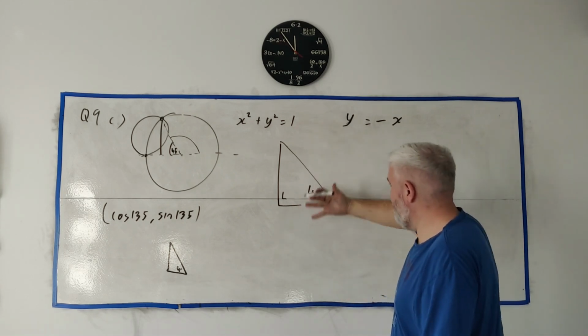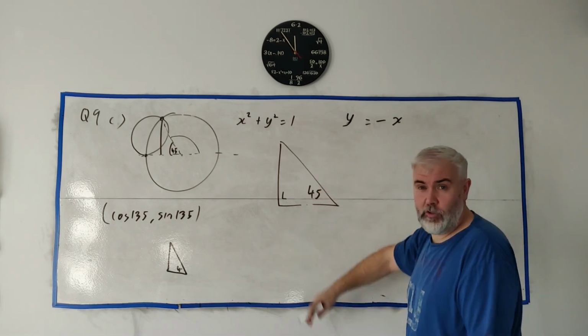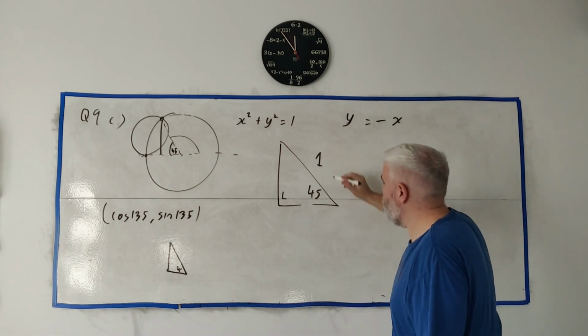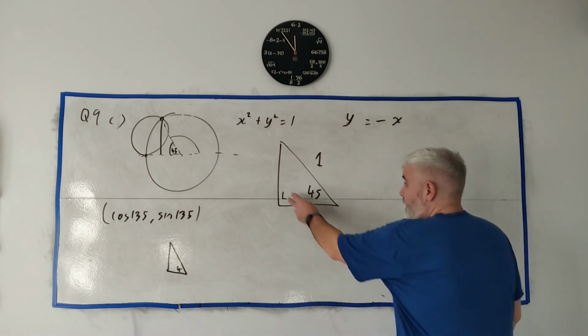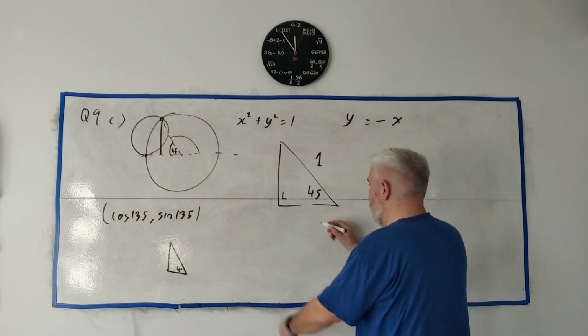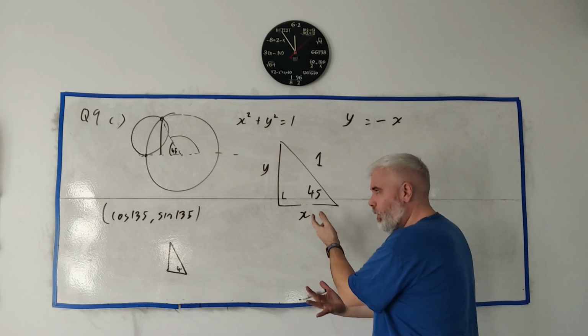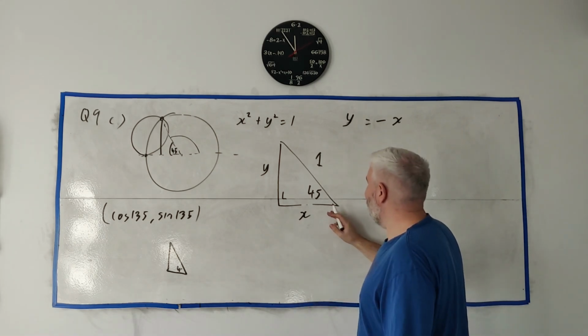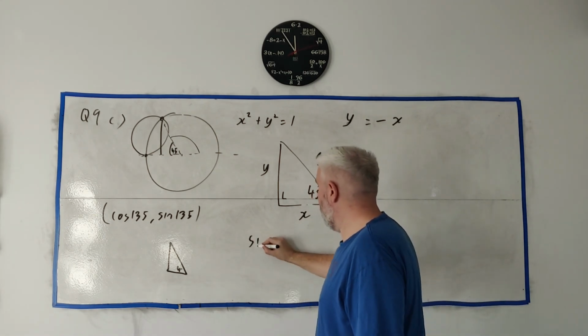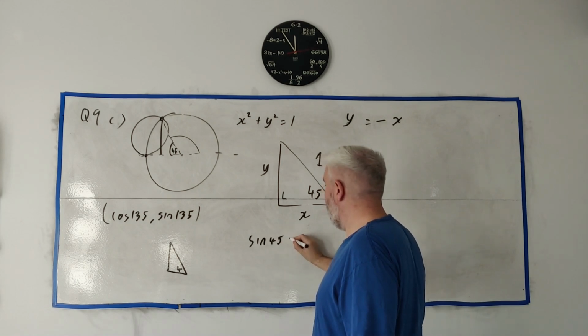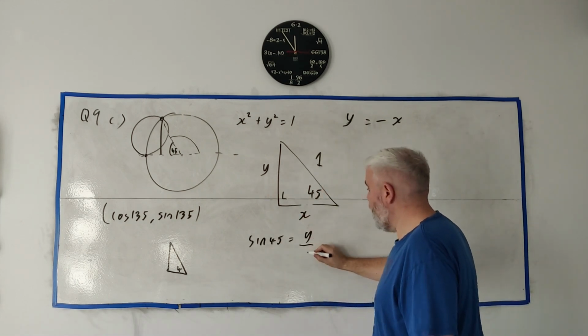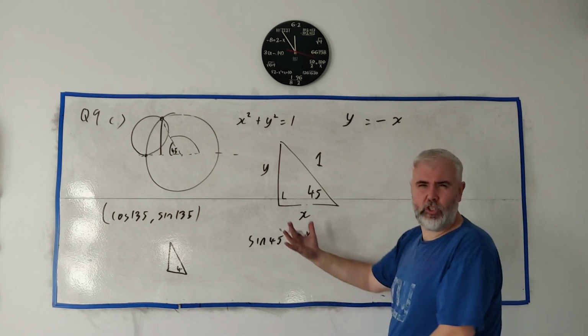And that seems hard because we only know two things. But remember, we know the radius, it's 1. So that's all we have to find. The height of this, let's call this one x and this one y, although we'll have to change the x to a minus later. So let's see, sine of 45 is equal to y divided by 1. And by the way, this is why we use unit circles.